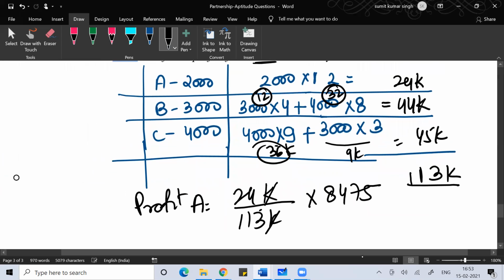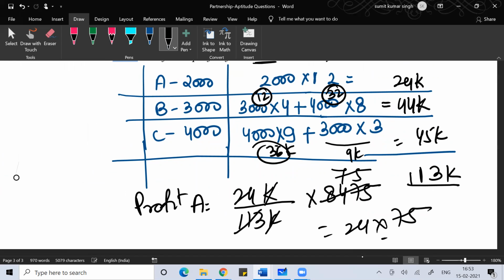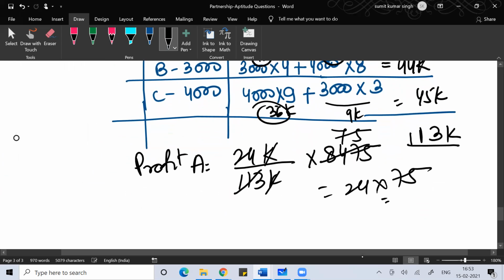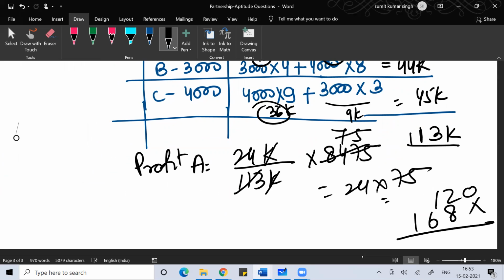Solve this. K gets cancelled. This is 75. This is 24 into 75. Solve this. 24 times 5 is 120, 24 times 7 is 168. This will be 1800 rupees.